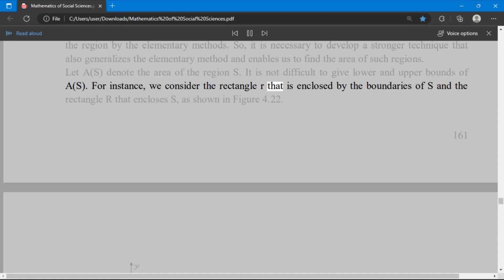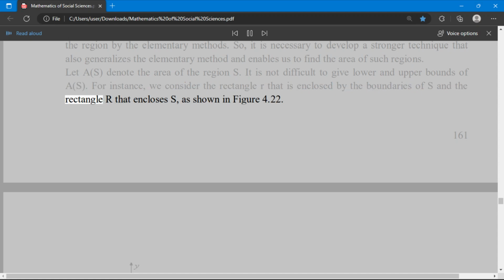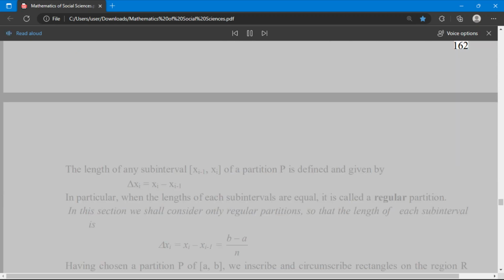For instance, we consider the rectangle r that is enclosed by the boundaries of S and the rectangle R that encloses S, as shown in Figure 4.22.